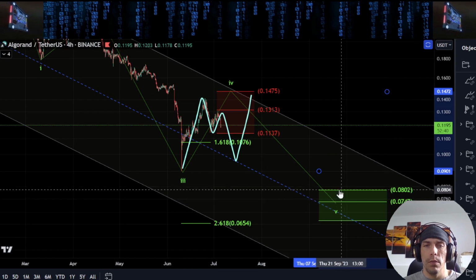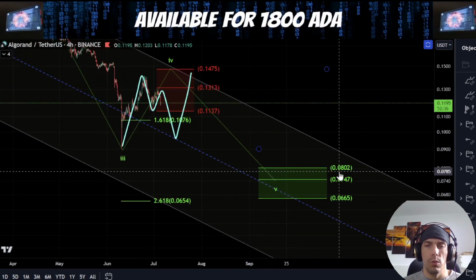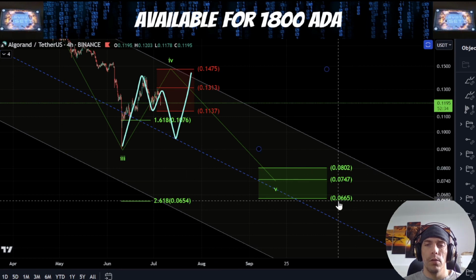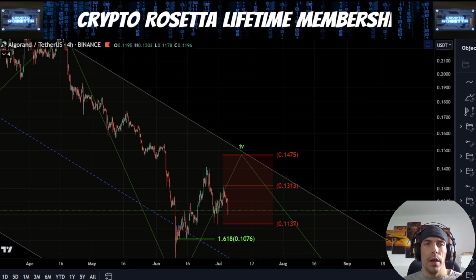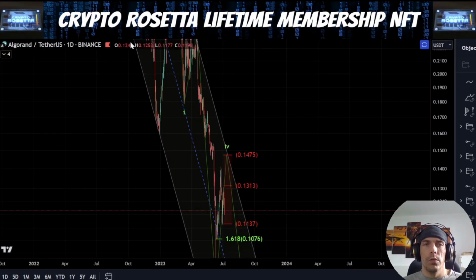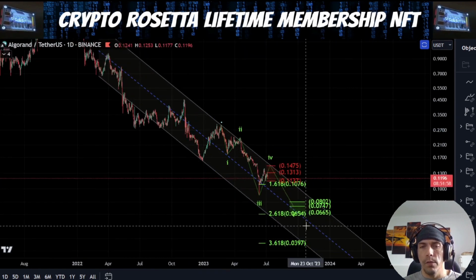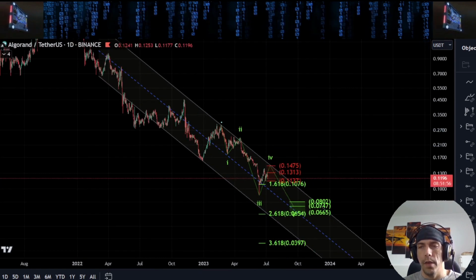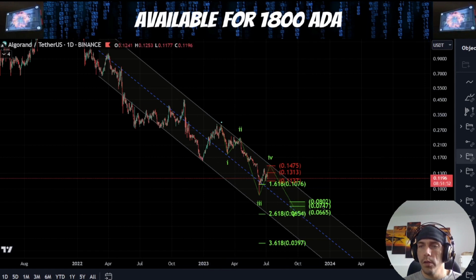And what we'd be looking for as a potential target for this as a fifth wave would be here towards this 0802 to this 0665 region. So if we just come back out here onto the daily, I just want to talk about something here. This is looking for whether this is a fifth wave or that idea of the 5-wave move, making this A, B, and C to the downside.